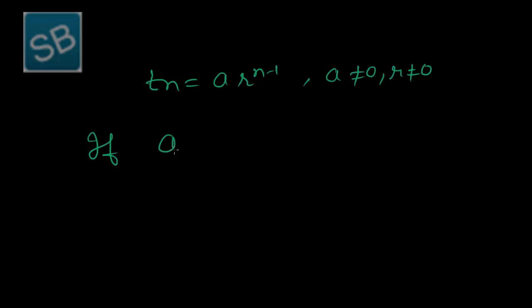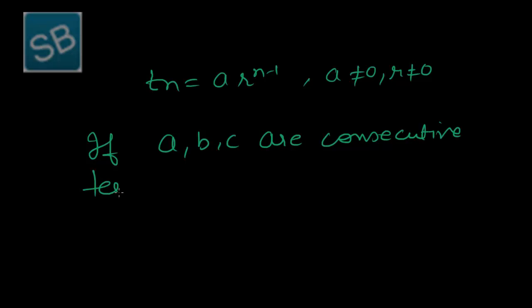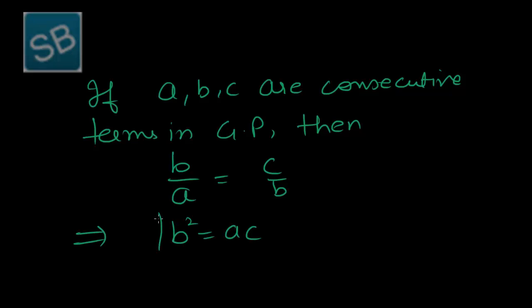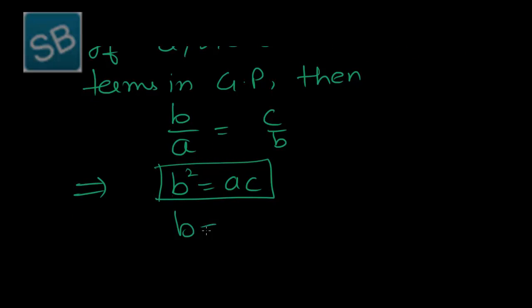And if a, b, c are consecutive terms in GP, then b over a is equal to c over b, which gives b square is equal to ac. That is, b is the square root of the product of the first and last term. So this was all about the GP series.